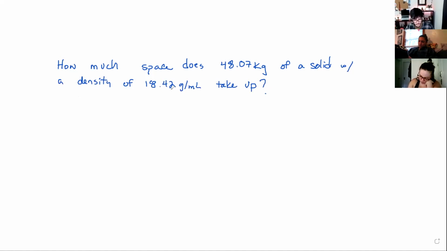So this is a pretty heavy or rather dense material. It's probably a heavy metal like mercury or platinum. So I want you to figure out space, and space being synonymous with volume. I'll give you 3 minutes for that.